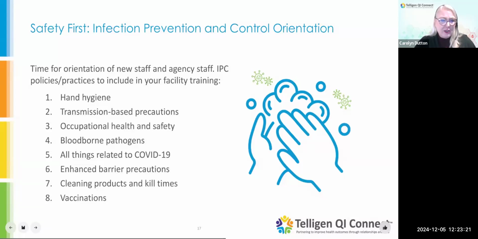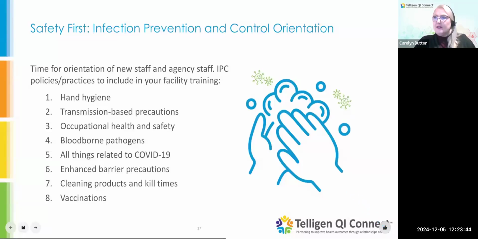Now, all orientation should include that infection prevention and control component for your staff to understand the significance of certain practices, and they also need to know where to locate resources regarding your infection prevention and control. And should they have questions, where should they go with those questions?